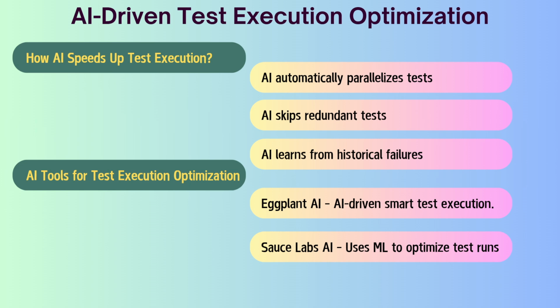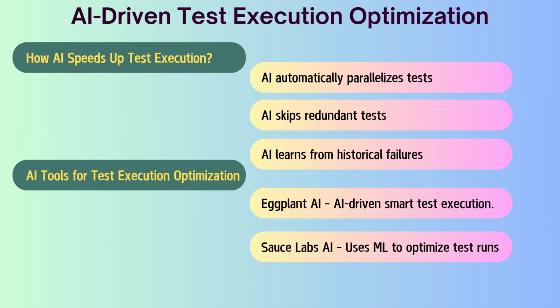For example, if you are a retail company using AI-powered test execution with test.ai, instead of running 10,000 test cases, AI selected the top 2,000 critical test cases, cutting execution time by 60% while maintaining test coverage.